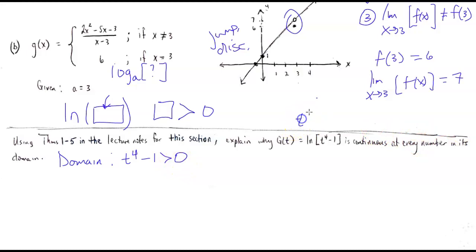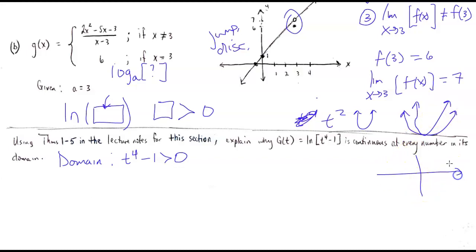So t to the 4 looks a lot like t squared. It just rises higher. So of course, we know t squared just looks like a parabola. So that means t to the 4 is going to look the same. So where t squared would look like this, t to the 4 would look like that.